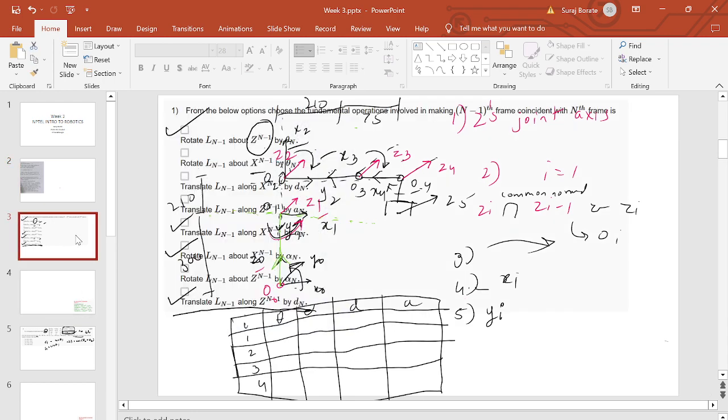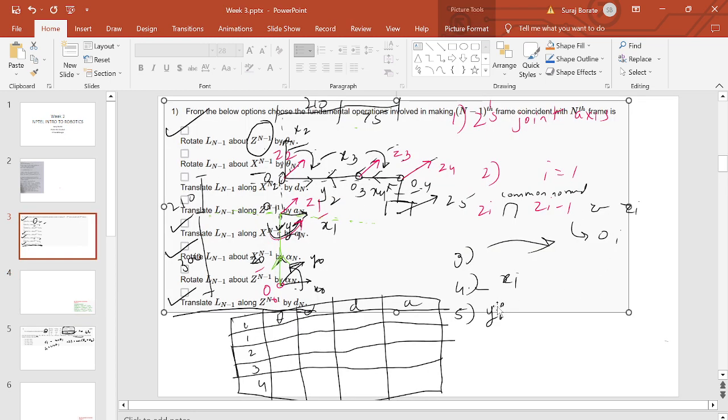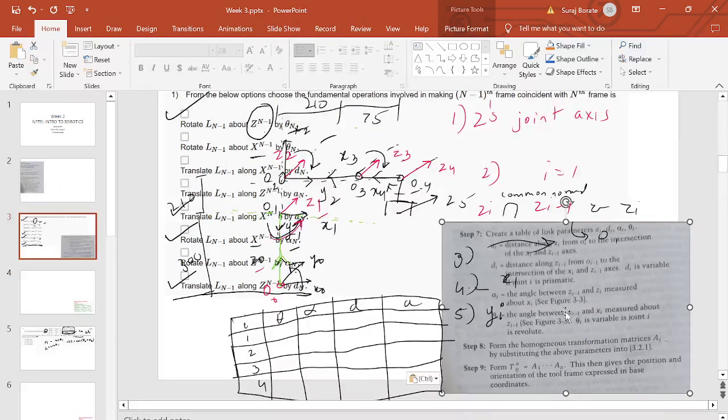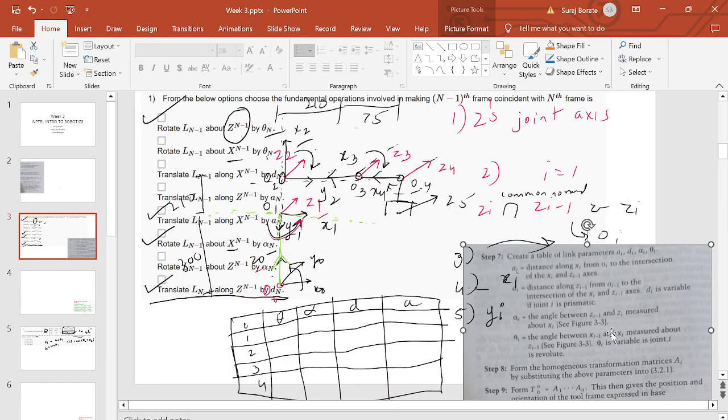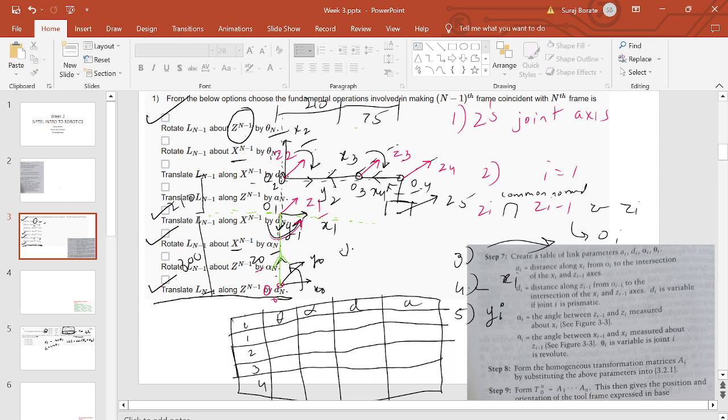For now you just focus on the question. This is from Vidyasagar and Spong, Robot Dynamics and Control. I will also type it in the chat before leaving.